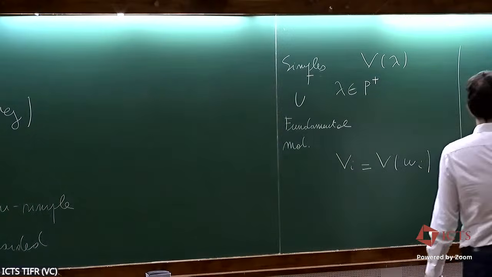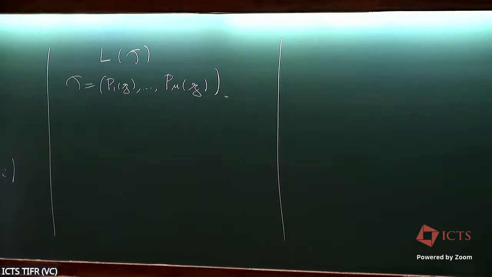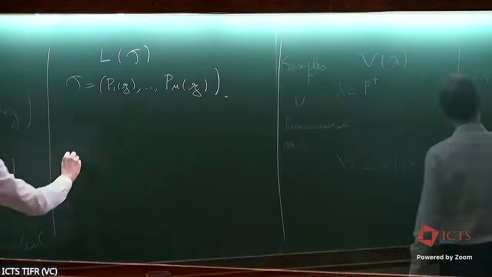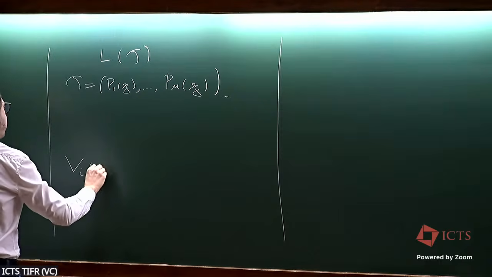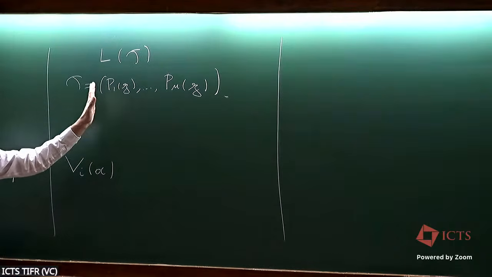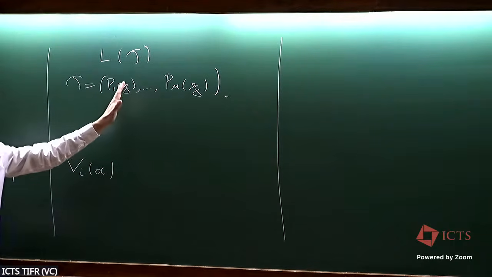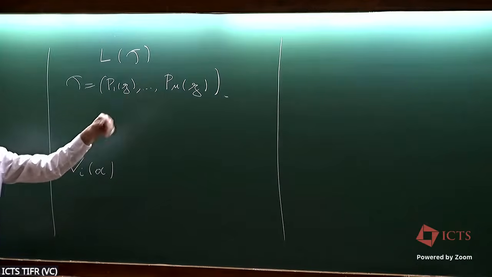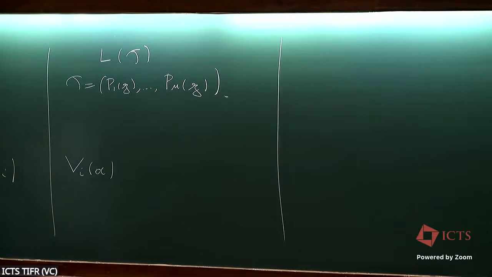And what plays a role for us as fundamental modules here are V_{i,a}, defined as the simple representation associated to a family of polynomials which is almost trivial. That is to say, all of them are one except one, which is of degree 1.